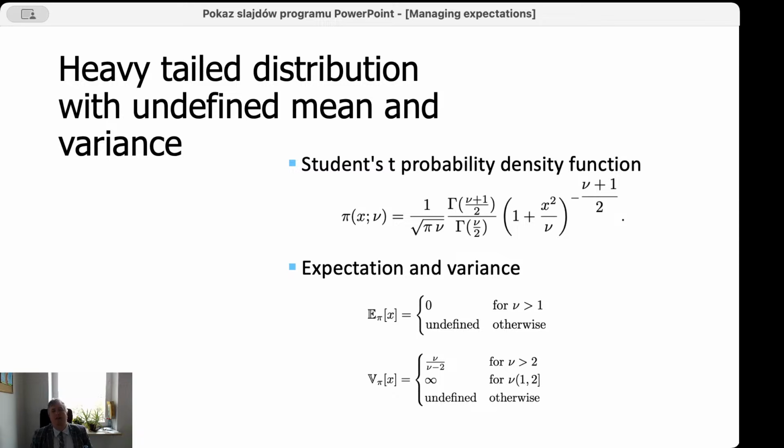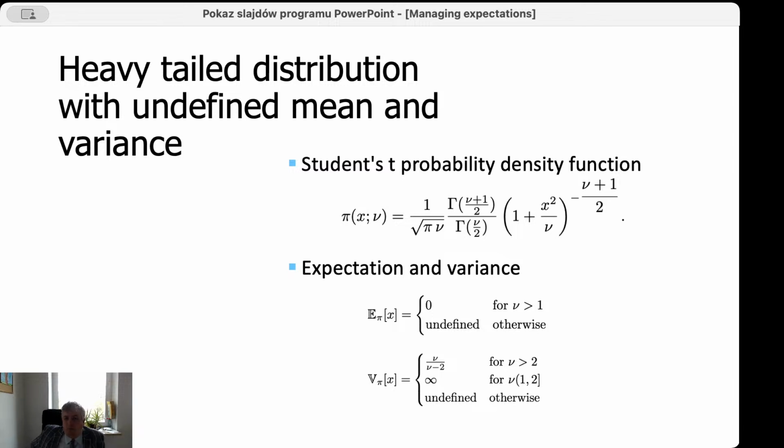Something has, like, 5 degrees of freedom, but in the case of computation it can actually be a positive real number. And the Student probability distribution, if degrees of freedom grow to infinity, becomes a normal distribution in the limit.